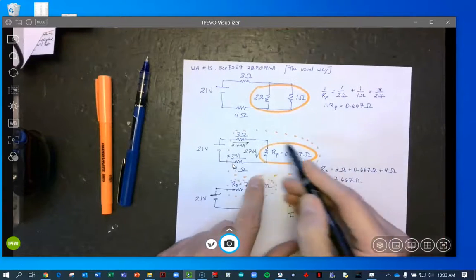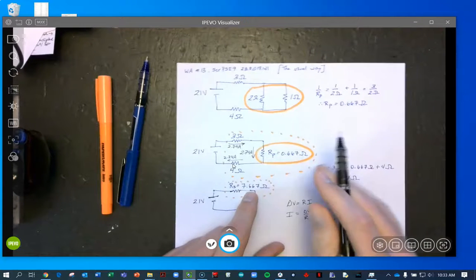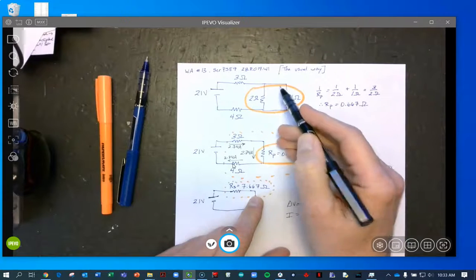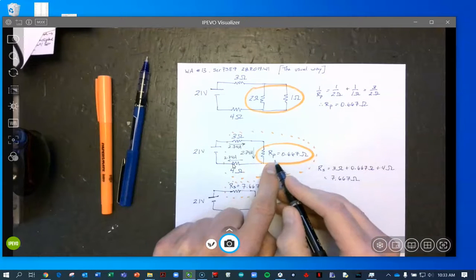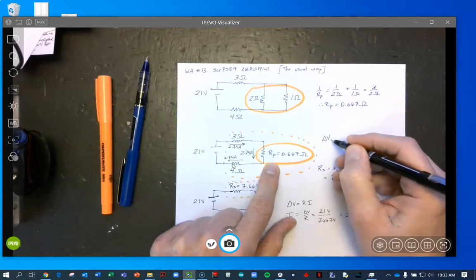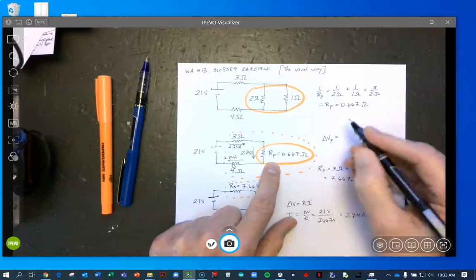So what do we not know about this guy, and why do we care about the orange circle? We care about it because we want to figure out what is going on up here. We know the current through the resistor and we know the resistance, so what we do not know is the voltage drop across the parallel resistor. I'm going to call that delta VP.